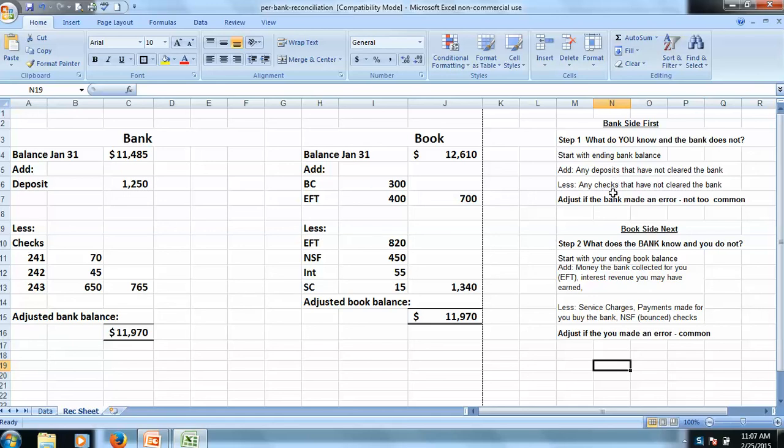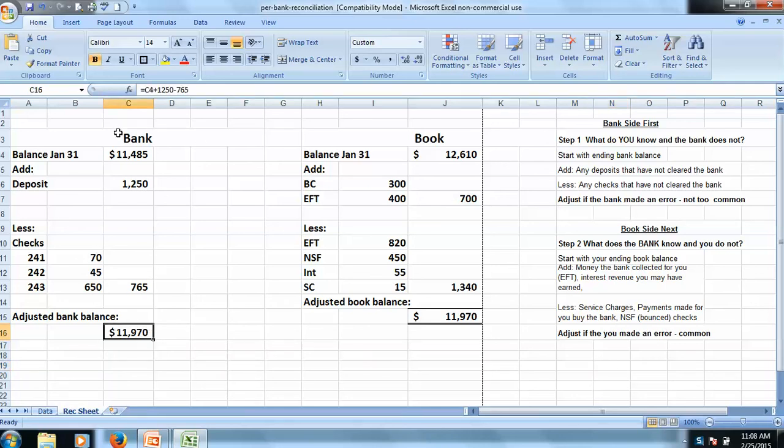And if there were any errors that the bank had made, where we have it written down as a different amount and they've actually made the error, this does not happen very often. If you have a test question or a homework question, more often, make note, more often, it's going to be that we made errors. But if the bank made an error, we would adjust it at the end, and that would give us the adjusted bank balance.